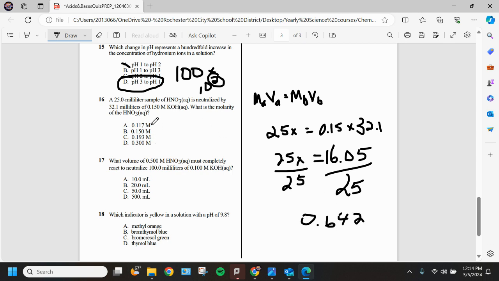I don't see it. What did I do wrong? Trying to figure out what's wrong here. 32.1 mole, 32, yeah.